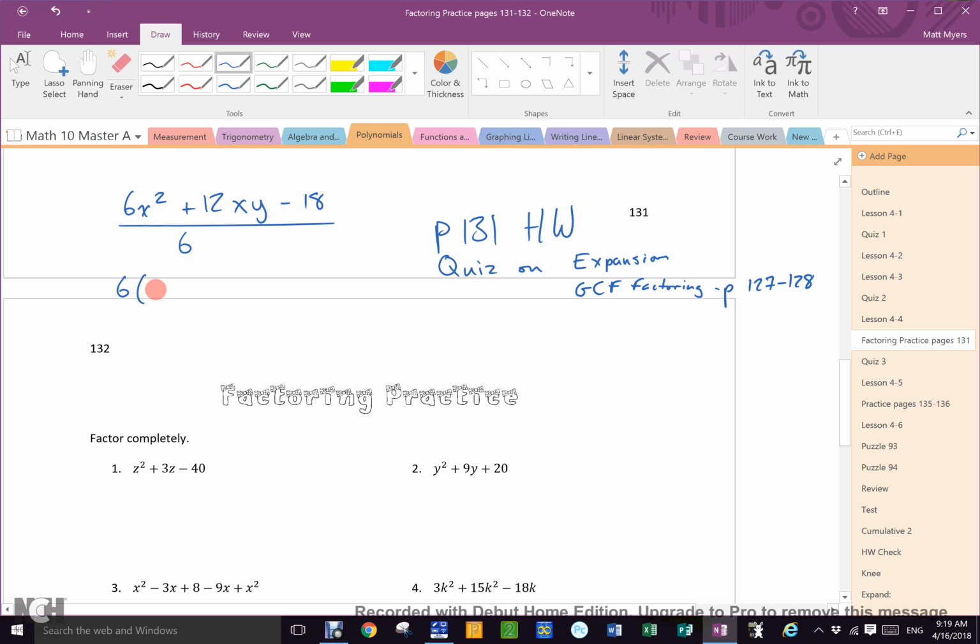So it would be 6 times x squared plus 2xy minus 3. You're cool with that? And then if there was a letter here, say there was a y or an x there, x squared there, we take out an x, and this would become x and 3x. You good? Okay.